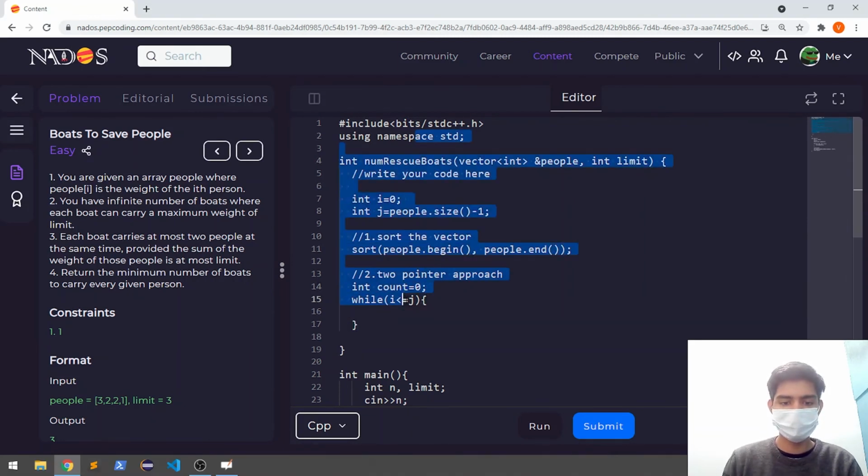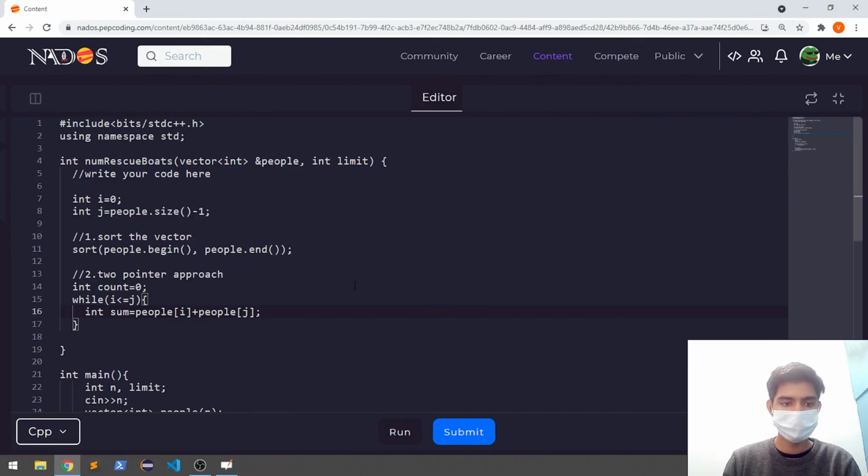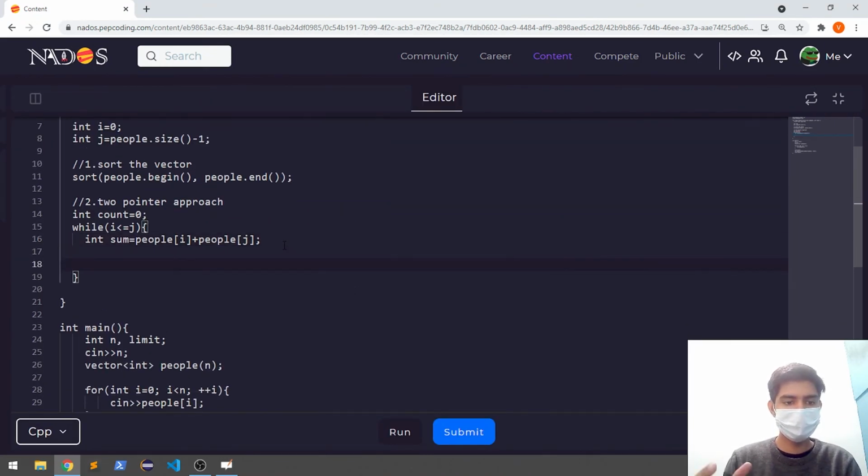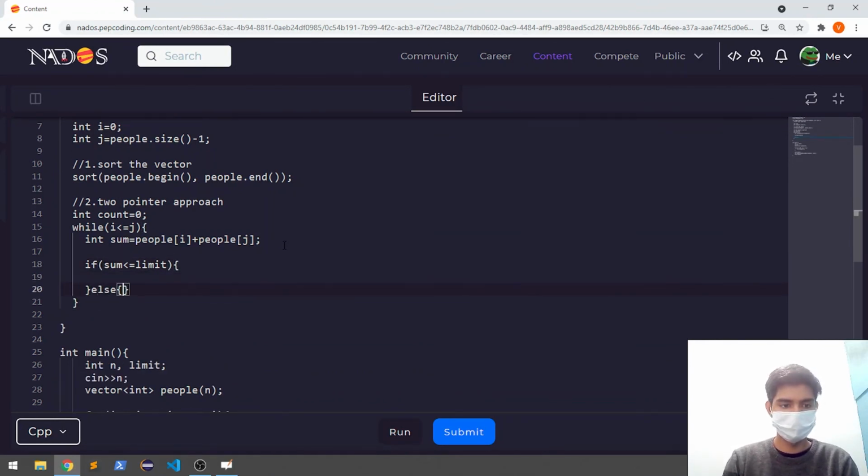So while I is less than equals to j, here I will find the sum, which will be people of I plus people of j, right? Now I have the value of sum. Now I will check that if sum is less than equals to my limit or it is greater than my limit, right?